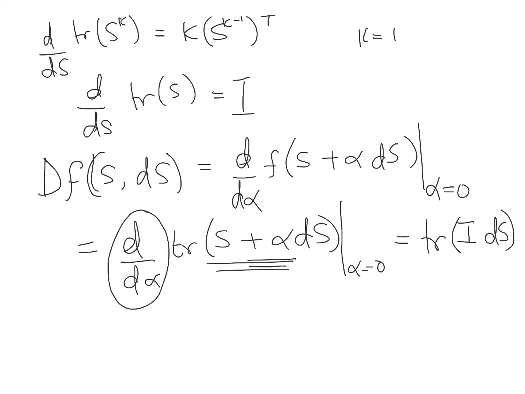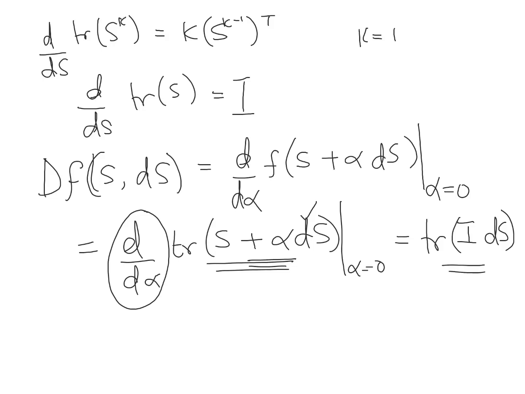The only thing that has alpha here is this term. If you carry out that differential, what we have is dS. And since we have a trace as a function, your trace is going to be between two tensors. The product of your identity tensor and your dS is still dS. So you can write it in this form.